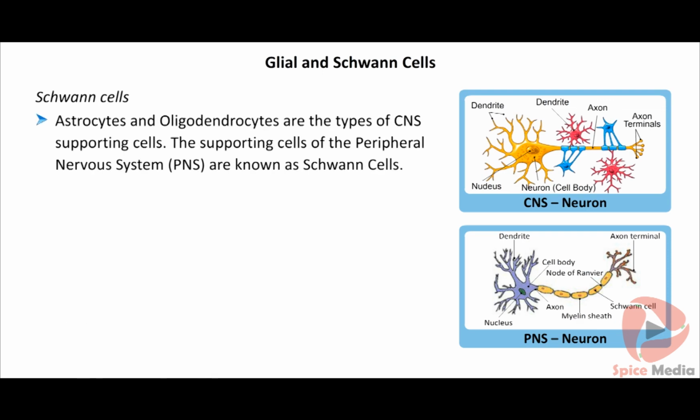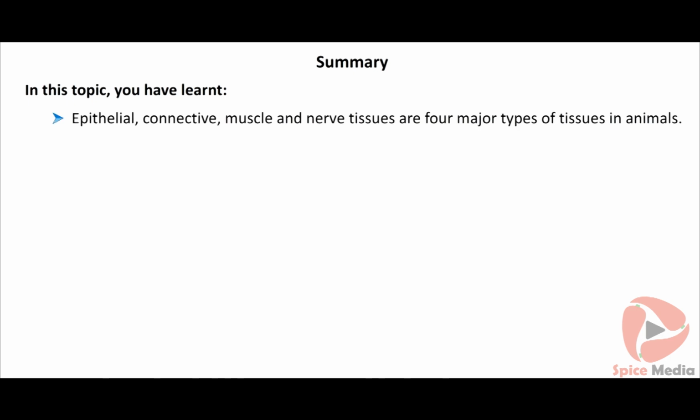Astrocytes and oligodendrocytes are the types of CNS supporting cells. The supporting cells of the peripheral nervous system are known as Schwann cells. In this topic you have learnt epithelial, connective, muscle and nerve tissues are the four major types of tissues in animals.